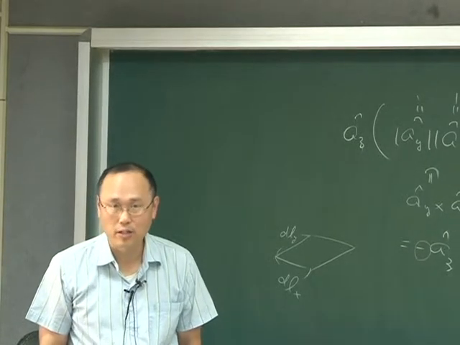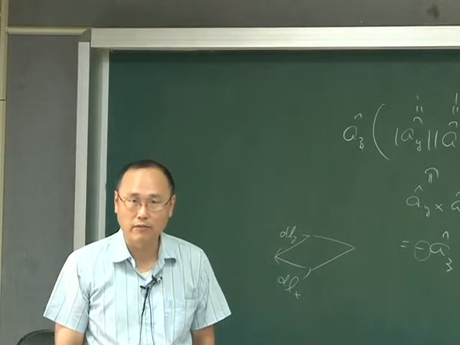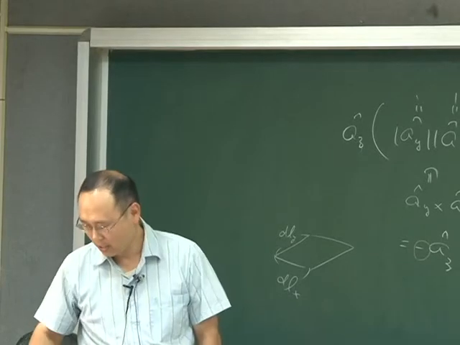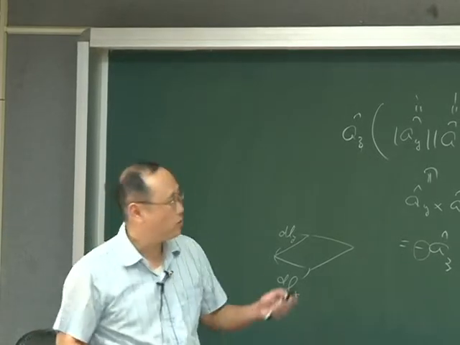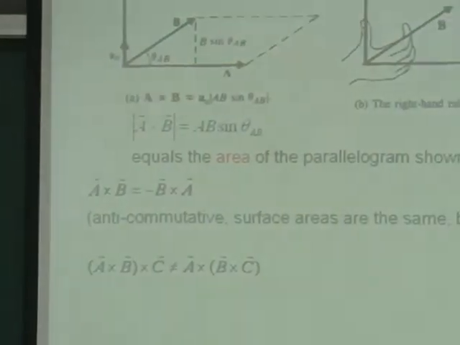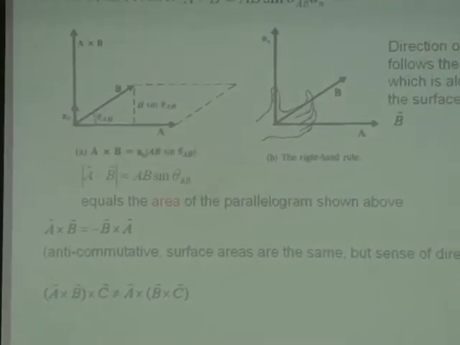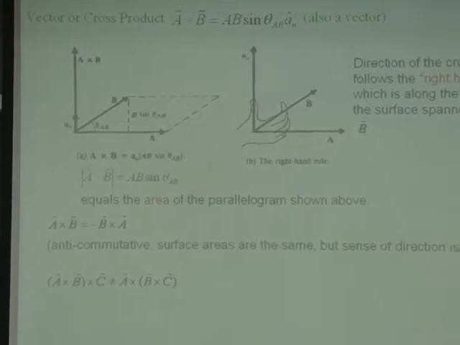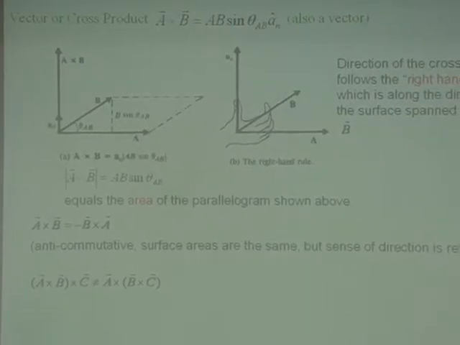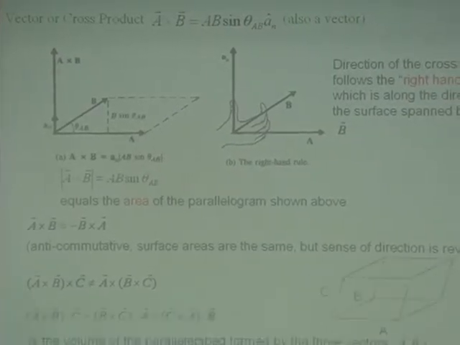Every surface has a direction. Why? This comes from the vector cross product. When you do the vector cross product, you are calculating some area with some direction. It's a vector. So every surface has a direction. A surface is a vector.